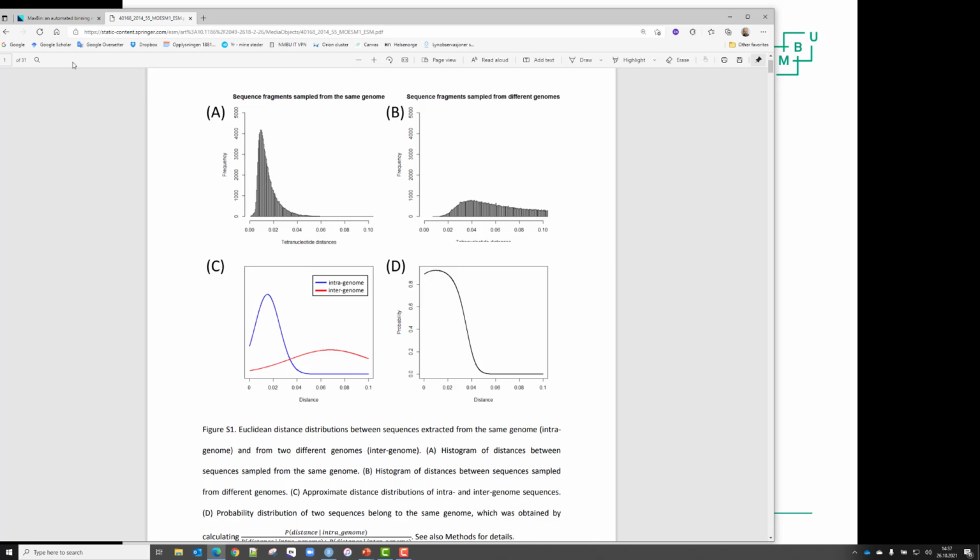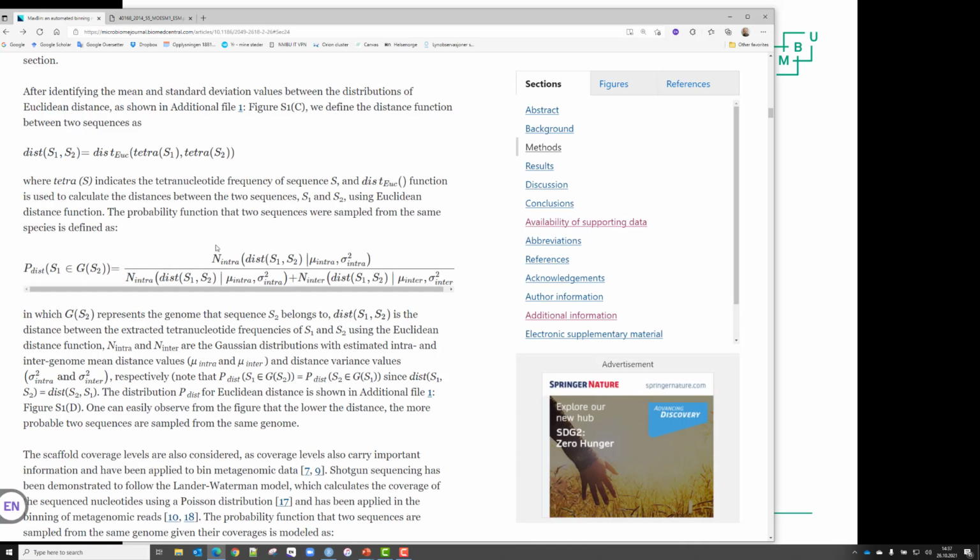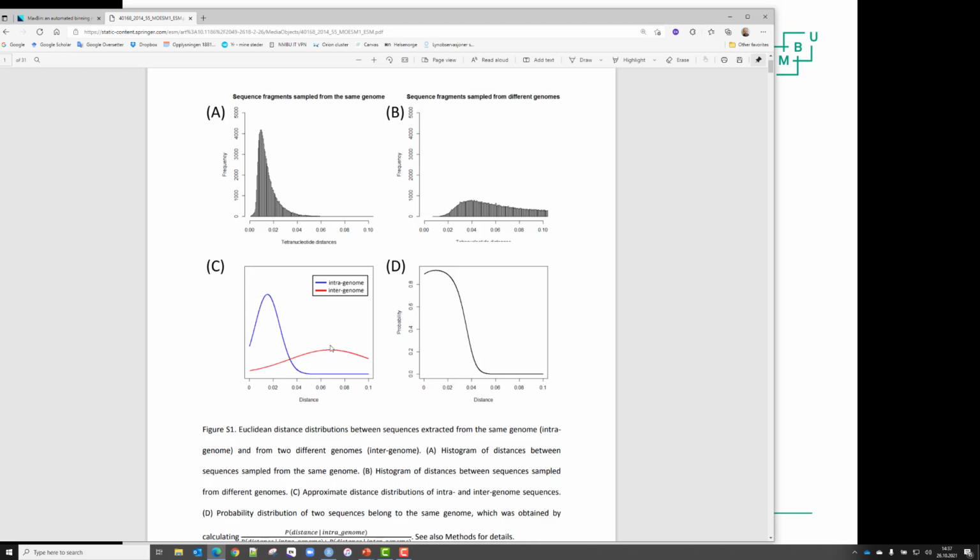And that's exactly, if you go back to the formula here, this is the height of the blue curve in the numerator, and below here you see the sum of the height of the blue and the red. So this is how you interpret this black curve. You compute this directly from these red and blue over here.